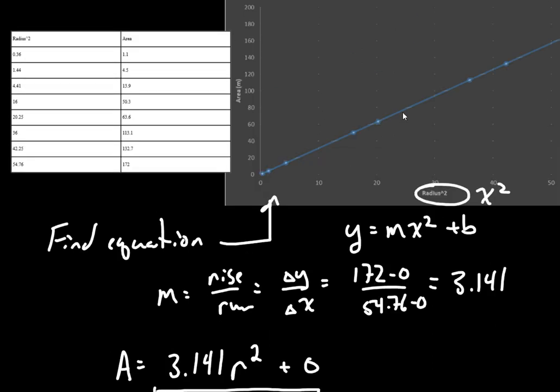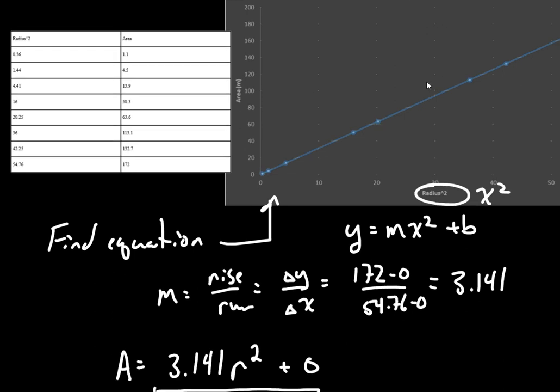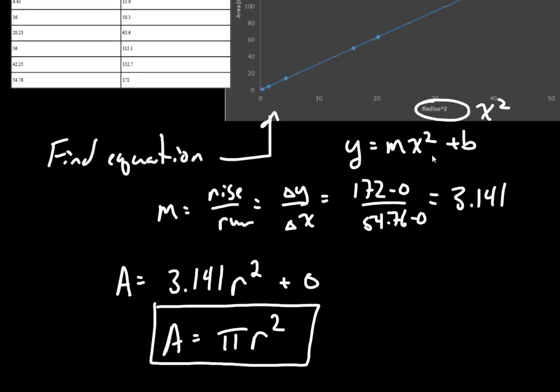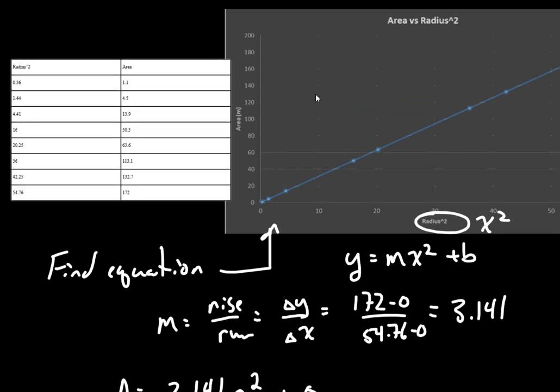But because we had to square the radius in order to straighten the line, when we plug in our x value, we just plug it in as whatever it is that we've done to it to get the straight line. Okay? This works for everything. It could work for cubes. It could work for square roots and so on. Tomorrow, we'll look at different graph shapes and how to solve for them.